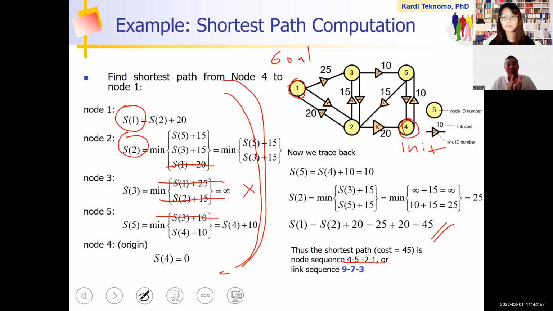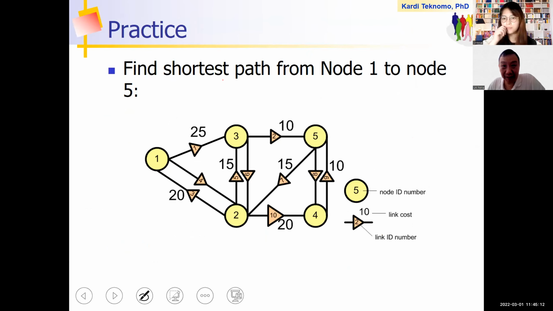Okay, so practice. Without looking at the answer, can you find the shortest path from node 4 to node 1? And the next practice, can you find the shortest path from node 1 to node 5? Oh, the same value.